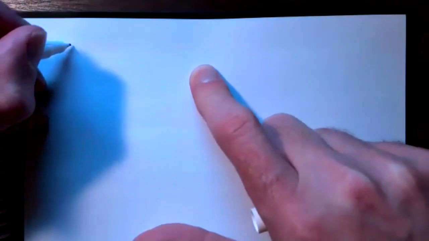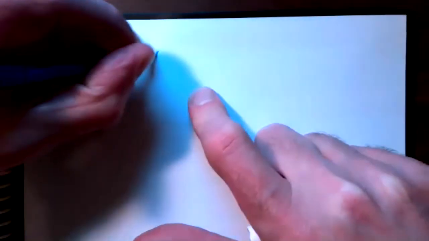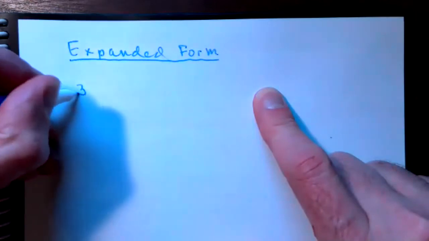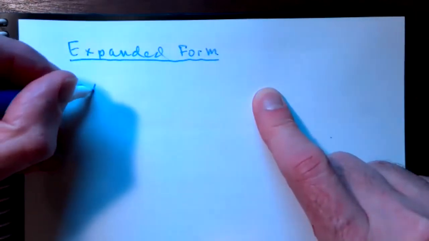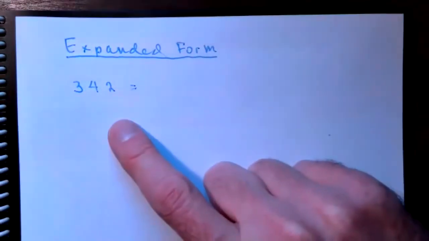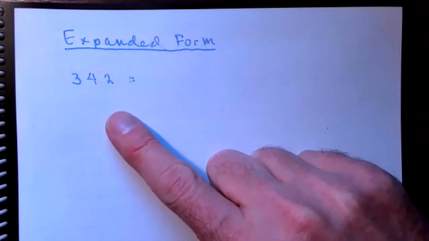Okay. I want to compare something here. Let's just do a little review here. If I asked you to write this in expanded form, what would you write down?